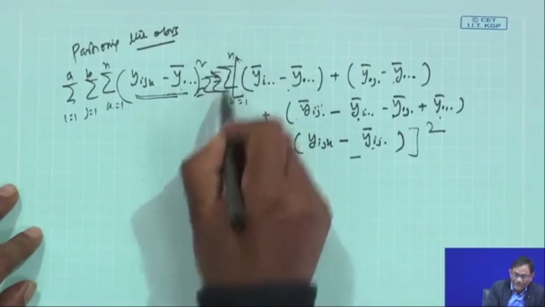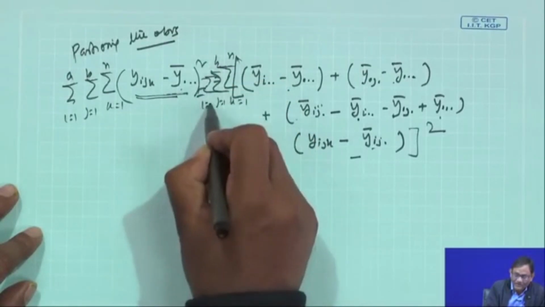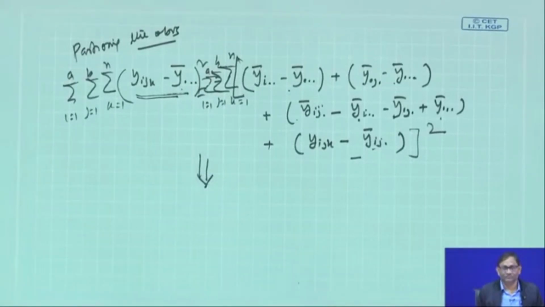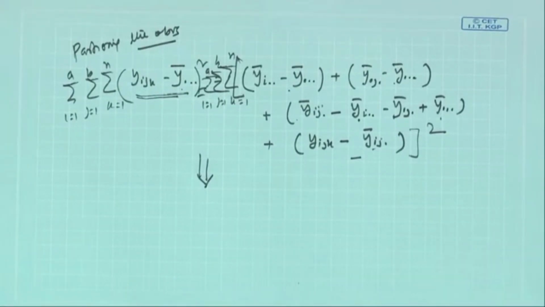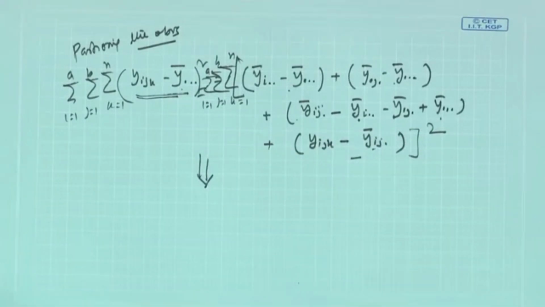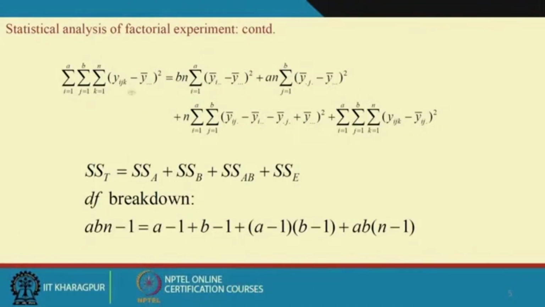The resultant after algebraic manipulation and taking the sum, the two cross-product terms will be deleted, and then ultimately you will get this equation.